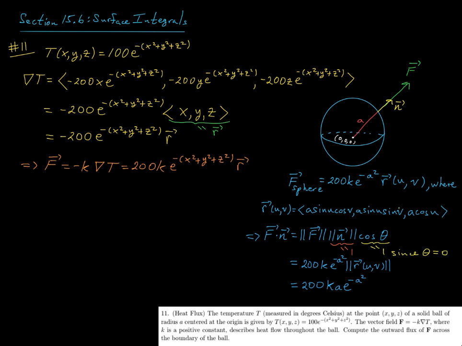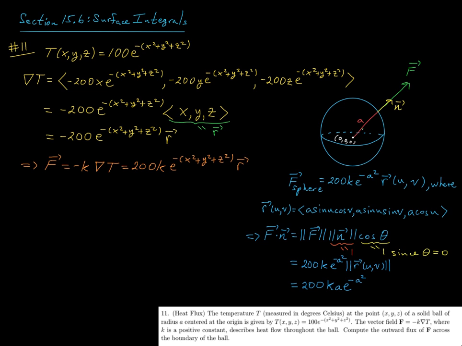Now, the other big thing to notice, along the lines of what I mentioned in the last video when we were looking at Gauss's law, is that while I could go ahead from here and compute the flux integral using this parameterization, which works perfectly fine, it's going to be a pretty long, messy calculation.